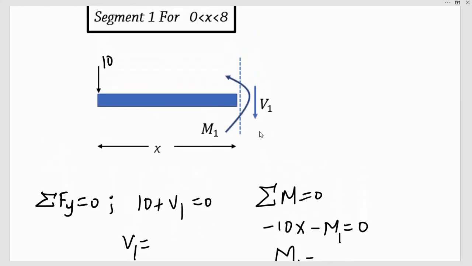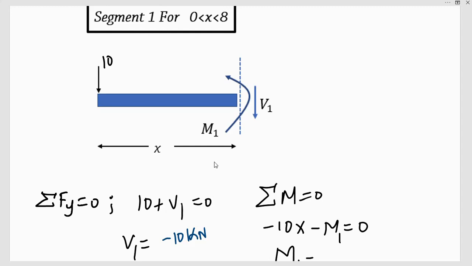Now let us sum forces in the y direction. In the y direction, we have a force which is 10 pointing downwards. Since they are all negative, I can cancel the negative and negative with the 0, and they become positive. So V1 is going to be negative 10 kilonewtons. Then we look at the sum of moments about this point.